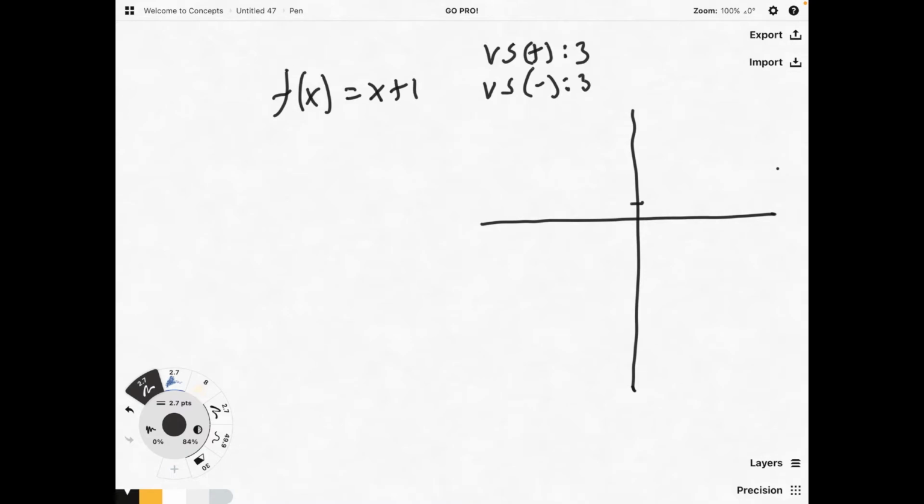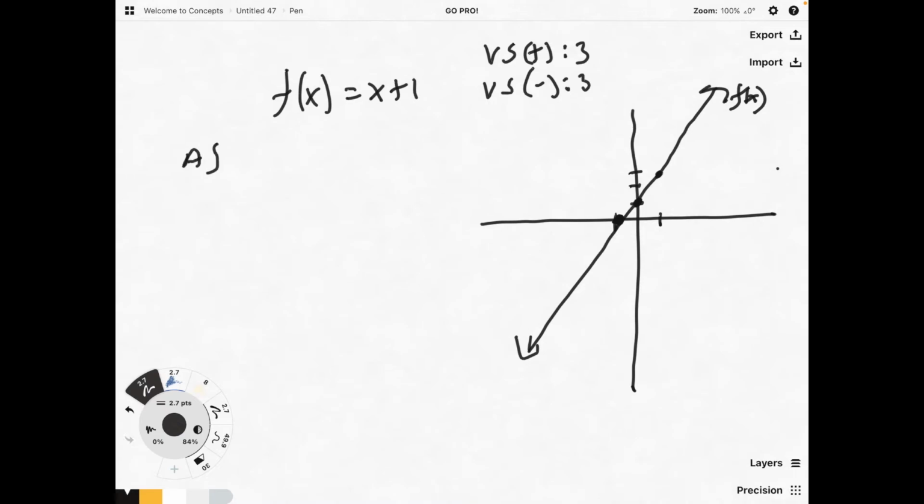It's going to be 1 here. We go over 1, we go up 2, and we go back 1, and we are here at 0. If we connect these points, this is our original function.